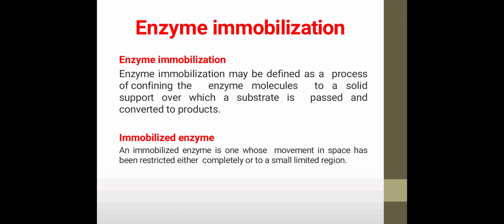So we are restricting the movement of the enzyme so that we can maintain the enzyme in a fixed place. So we can add the substrate and the product production can be continuously made. This will be carried out in a restricted or limited area.